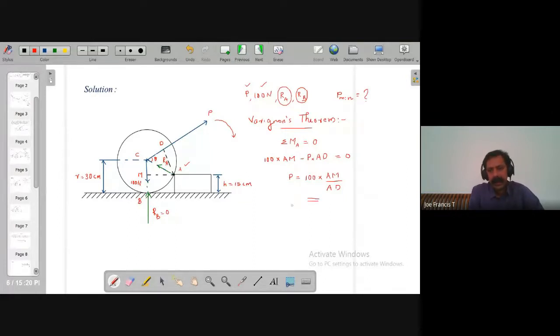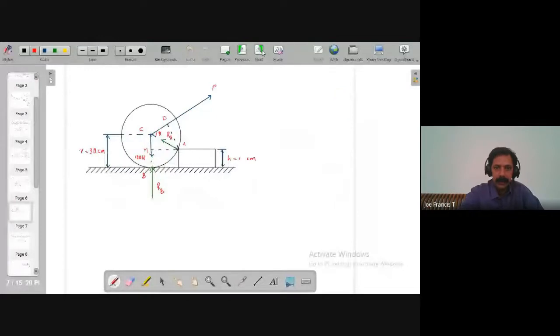Now we need to get expressions for AM and AD in terms of R and H. Like given values are R and H. Right? So you need to find substitutes for AM and AD. So that is what is left. So if we go ahead, this is the case.